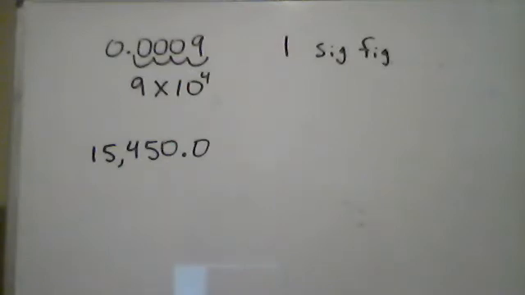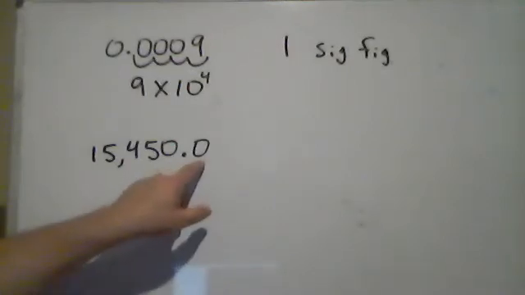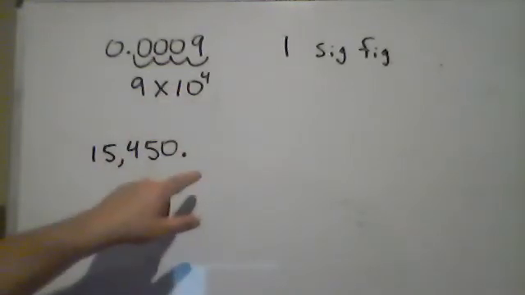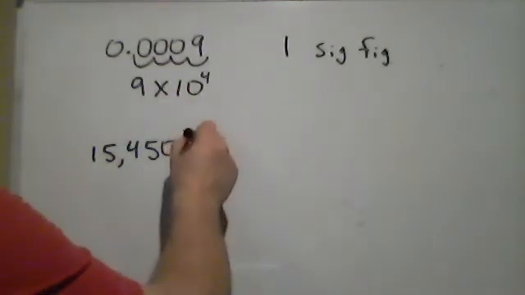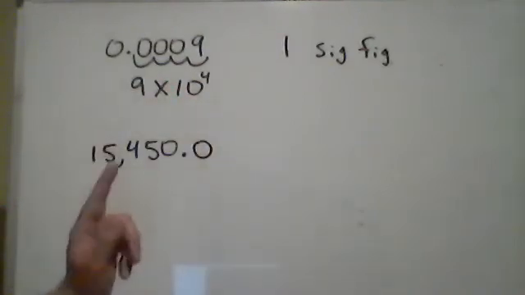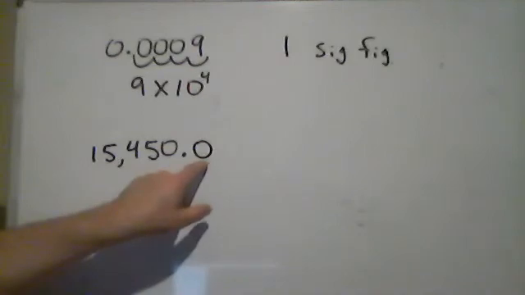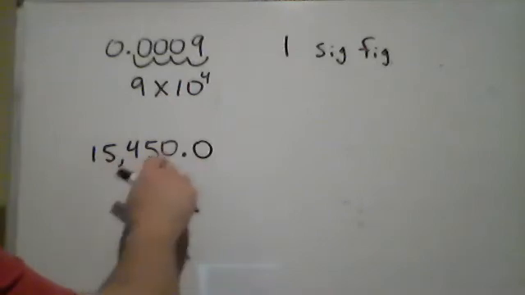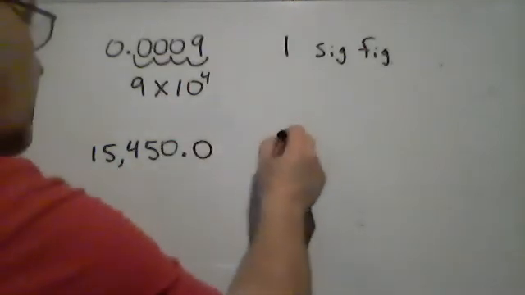Zeros are weird. Given that I wrote this 0, I'm telling you that I believe that 0 is there in my experiment. I have great confidence that that value is 0. So this would be 1, 2, 3, 4, 5, 6. Zeros are tricky.